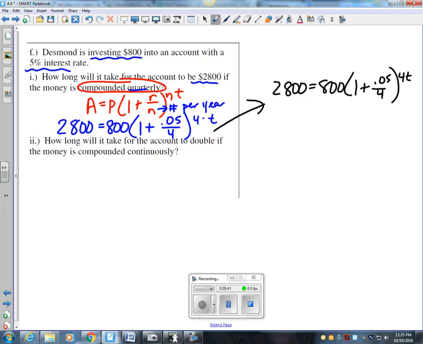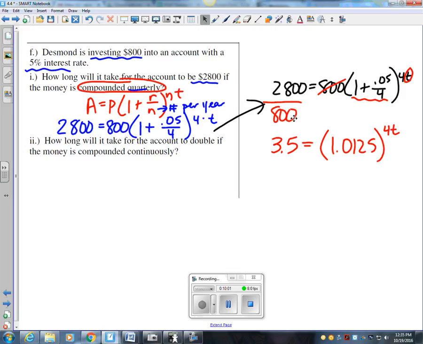All right, so we are trying to get t by itself. So the first thing you would do is divide by 800, which gives you 3.5. And I would go ahead and type that part in my calculator to make my life simpler. So it gives you 1.0125 to the 4t. Now, t is in the exponent.